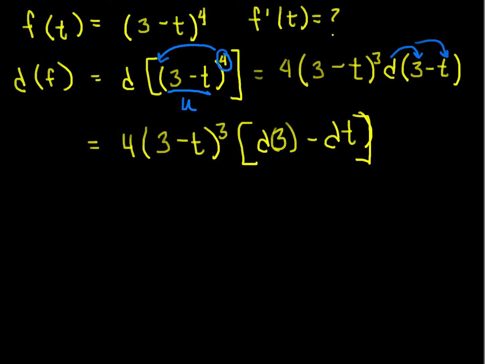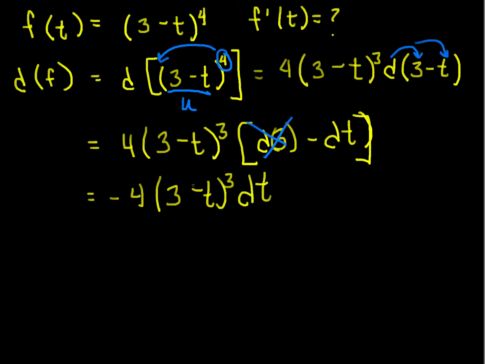And d3 is 0, so this term is 0. And dt is as simplified as we can get. So now I've got this whole term times negative dt, so it ends up that this is equal to negative 4 times 3 minus t cubed dt.